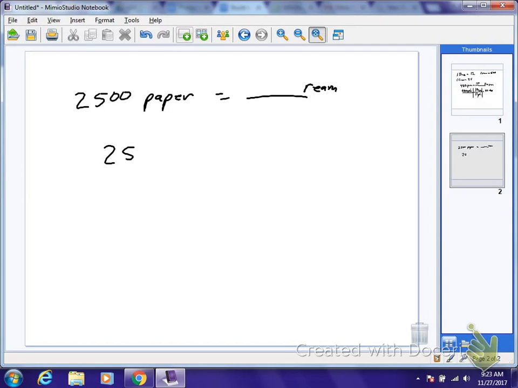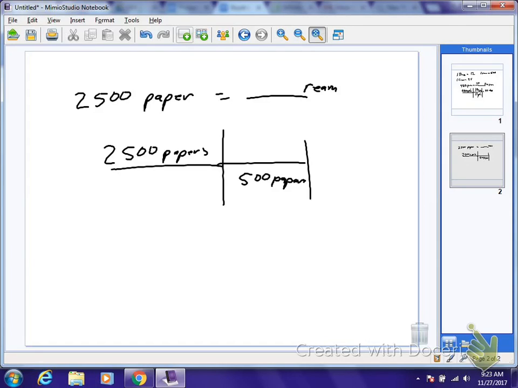Because if we have 500 papers that equal 1 ream, and if you go around to some of the copy rooms, they'll have a case about that thick of paper, and that's 500. Okay, it's called a ream. So then you say for every 1 ream, and then of course that would be 5.